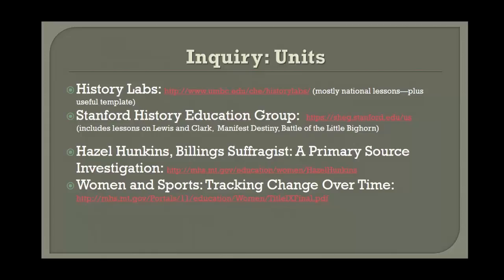It has them doing a brief survey on participation in sports and then analyzing that data to see how Title IX did or did not make a difference in their own community, and comparing their community data with state data and with national trends. So, real history and done in a way that's quite simple. Well, I don't know, quite simple to execute, but not too onerous, I think.